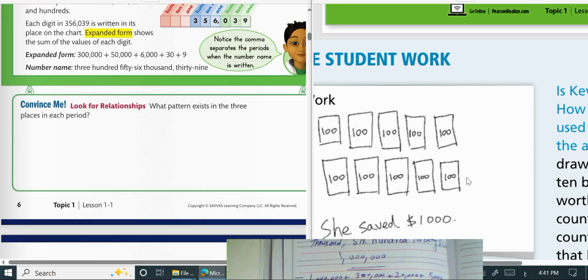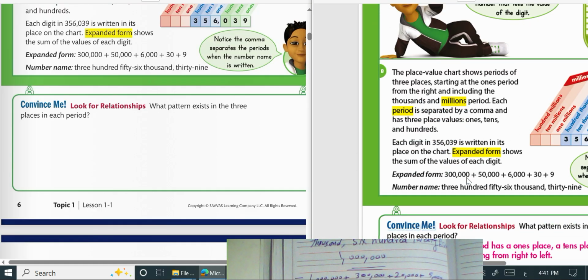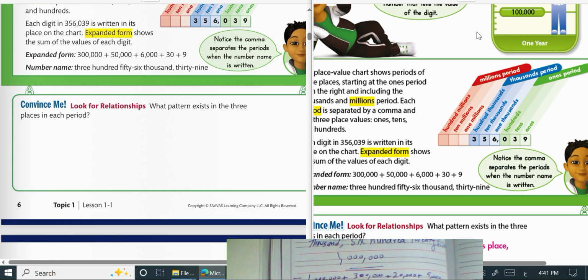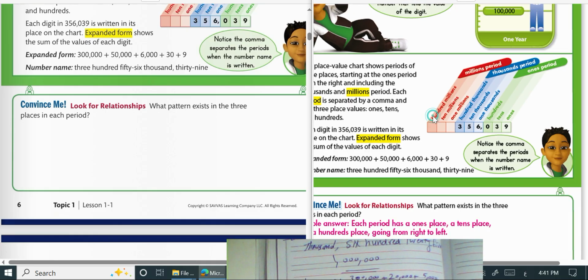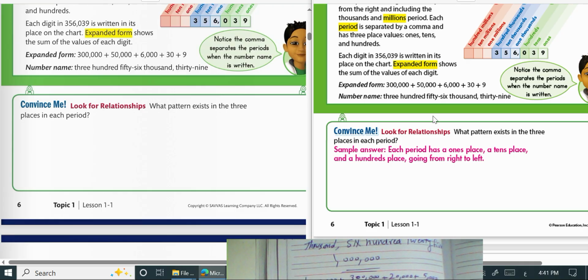Okay. Next, page 6. Going to page 6. Look with me at page 6. Where is page 6? Like this. Page 5, fill in, and the answer is on page number 6. Simple answer to this question: each period has ones place, tens place, and hundreds place going from right to left.